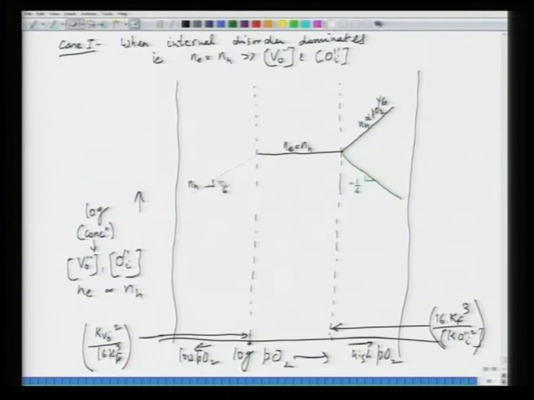I am sorry. So, Ne in this region would vary as minus 1 by 6. It would also vary as minus 1 by 6 in this region. This would be Ne.